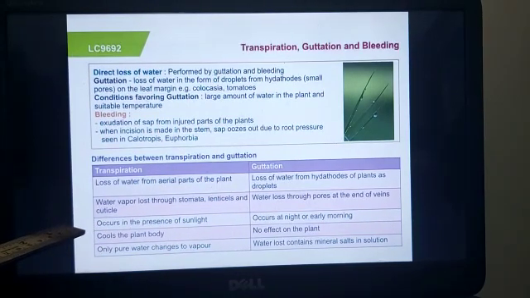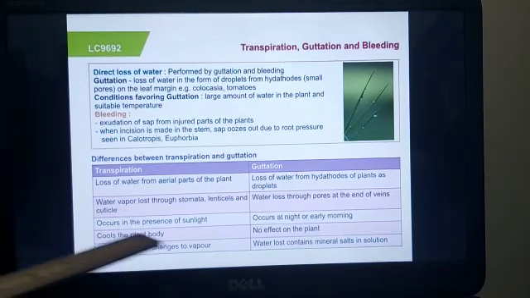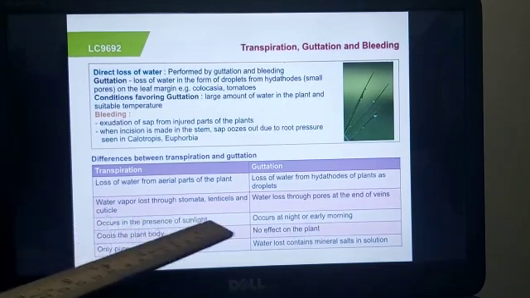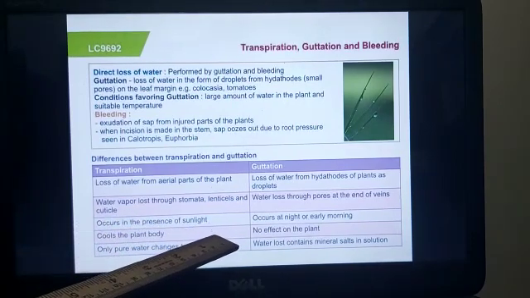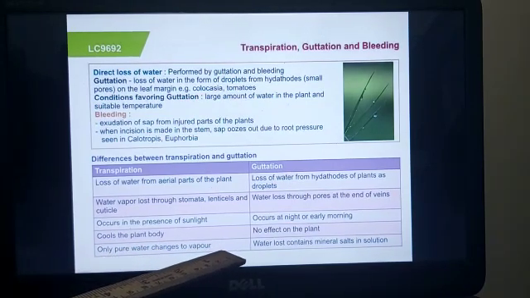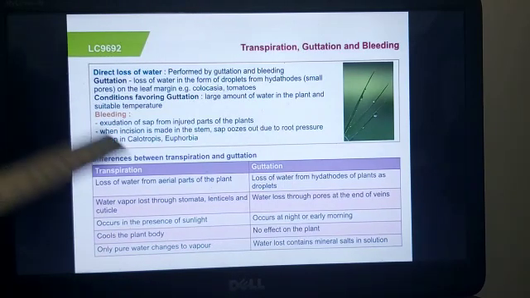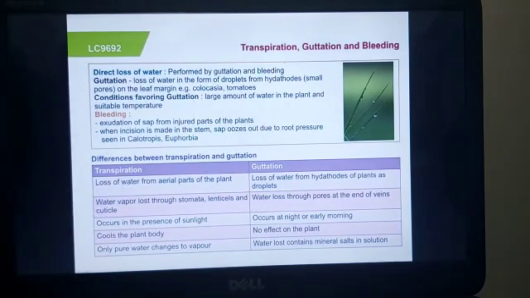Transpiration occurs in the presence of sunlight, means in the daytime, whereas guttation occurs at night or early in the morning. Transpiration cools the plant body, and guttation does not cause any kind of cooling to the plant body. Here only pure water changes to vapor. Here water loss contains mineral salts in the solution. So this difference between transpiration and guttation is very important.